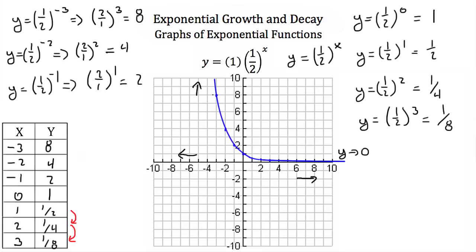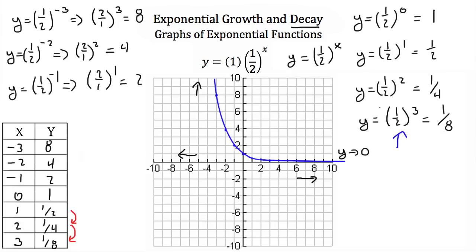So because my y value gets smaller and smaller as x gets larger, we call this an exponential decay. Notice that the only thing different here is my b value. Before, when my b was 2, I had an exponential growth problem.